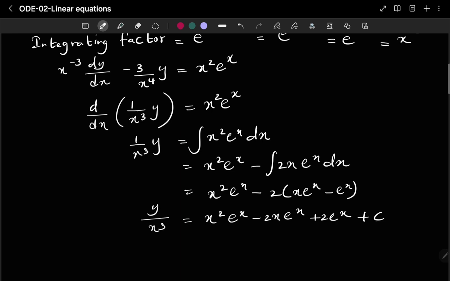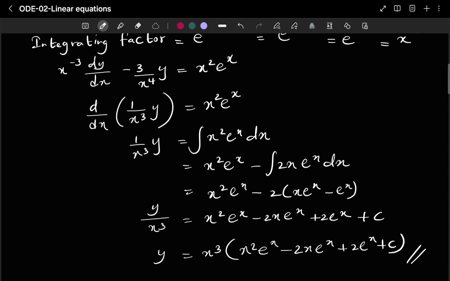Plus c is a must because it's an arbitrary constant. Now we can subject y by multiplying this whole equation by x cube. We can keep the answer like this, as y equals an explicit solution.